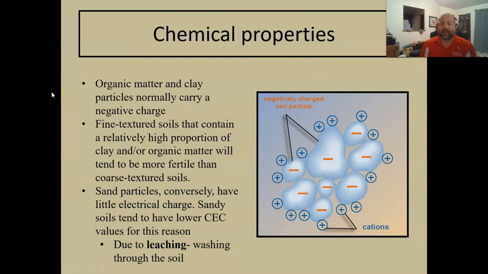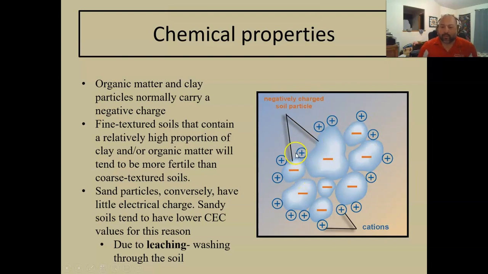So, still sticking with the idea of cation exchange capacity, you've got your cations, these positively charged ions out here. You've got your negatively charged soil particle, or your colloid.